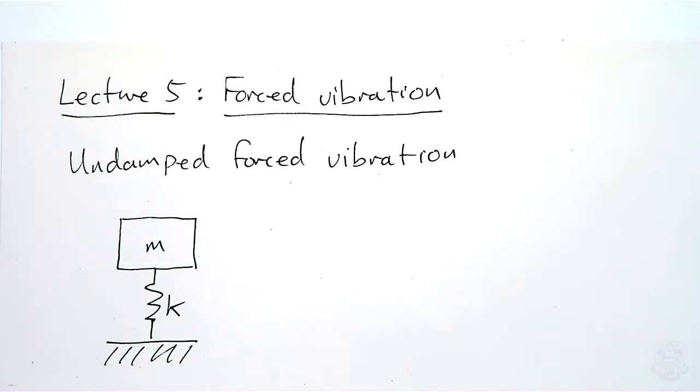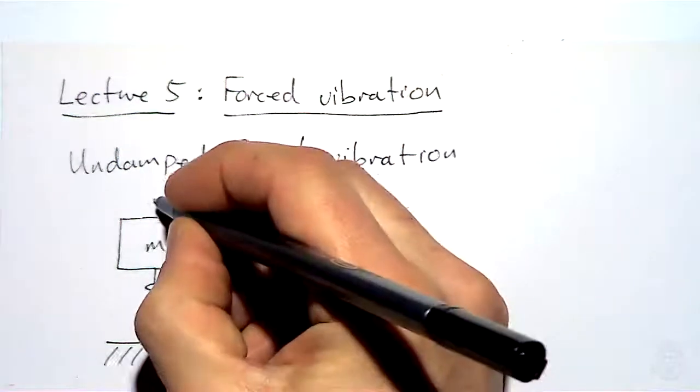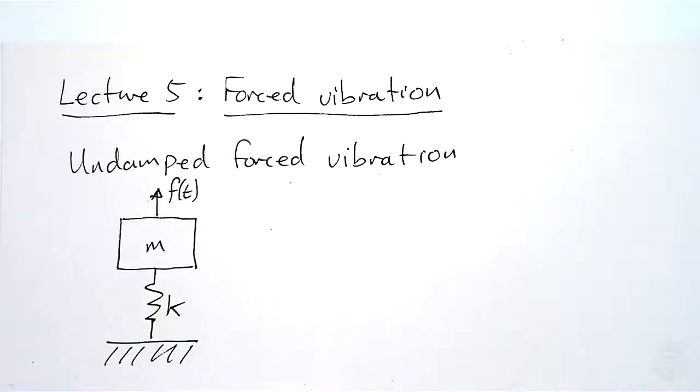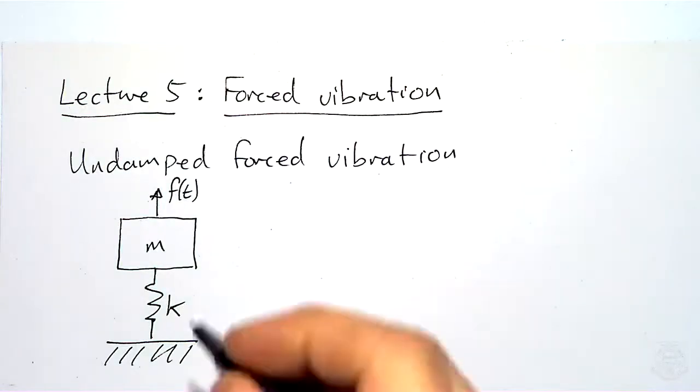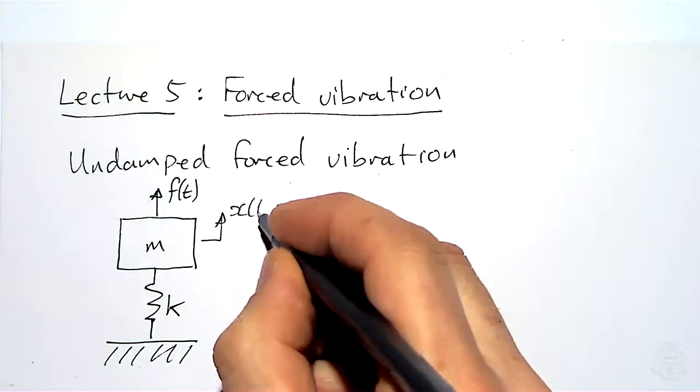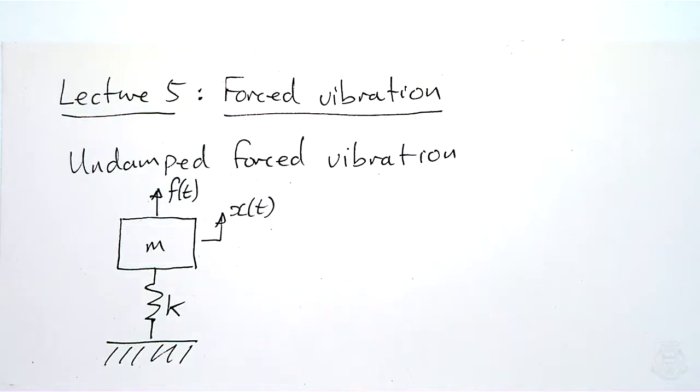So we've got a mass M sitting on the spring K, but this time we've got something shaking it. So we've got some additional force, which I'm going to call F of t, which is shaking the mass up and down in some way, and our displacement x is still just constrained to be in the vertical direction. And this of course is the undamped problem because there's no damping element, there's no dashpot or anything, so just a spring to give a restoring force.